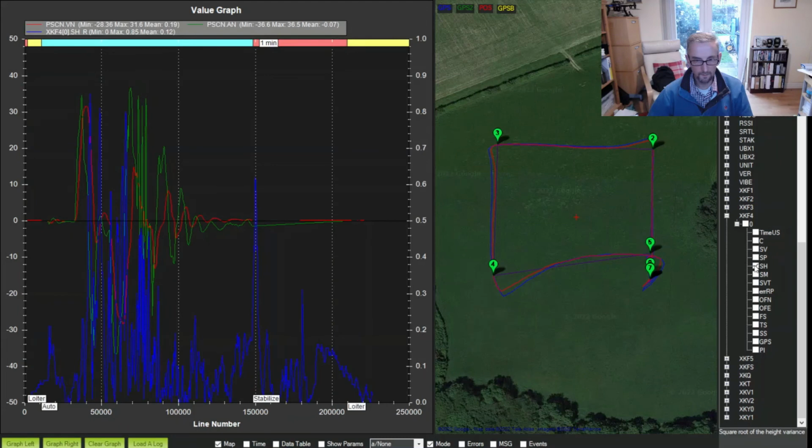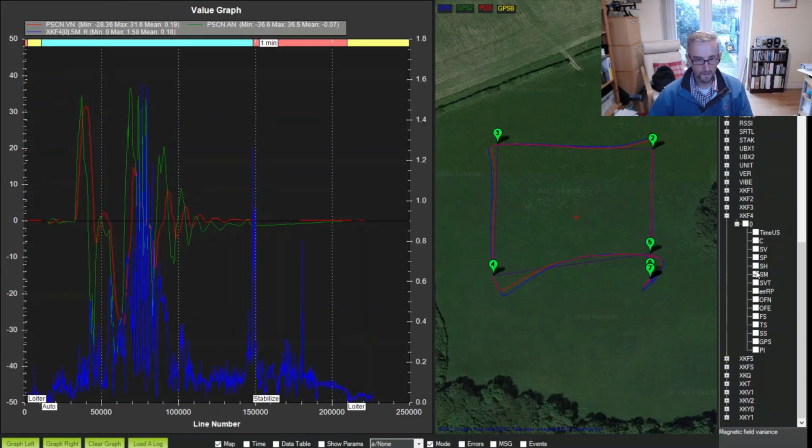Height variance is again bad, and this is down to the barometer. There's some code that copes with wind estimation in copters, and I hope to use that, because effectively you've got wind from the copter moving so quickly. I hope to use that to enable the EKF to make better estimation of the barometer.